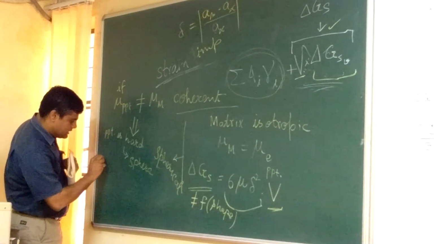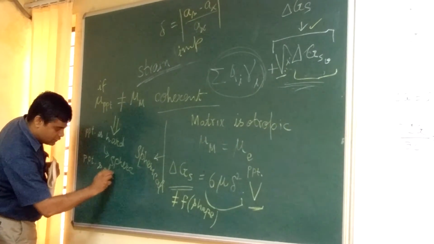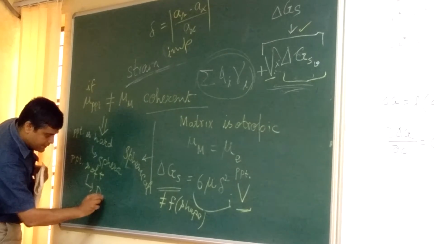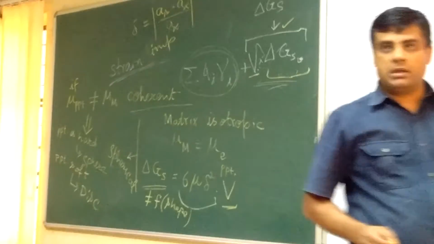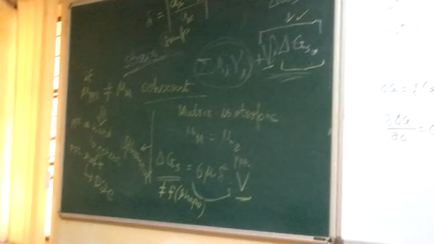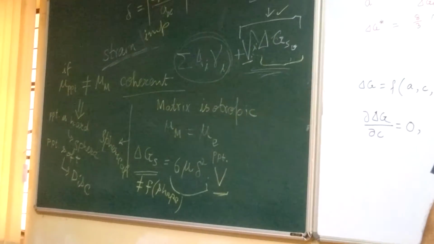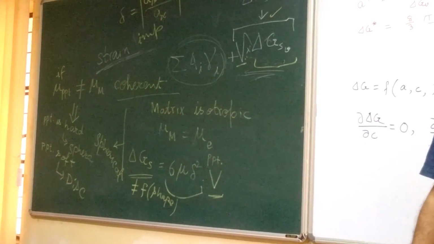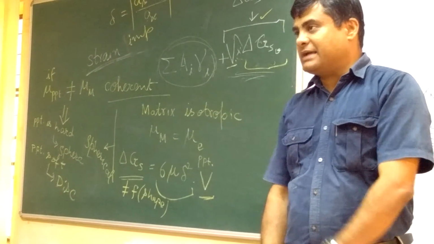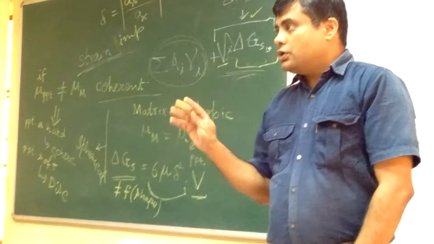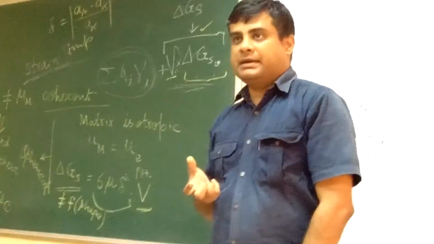But if the precipitate is soft, then it will be a disc shape. If in the precipitate, in any one of the directions, the shear modulus or the elastic modulus is lower than the matrix, then it will be disc shaped.